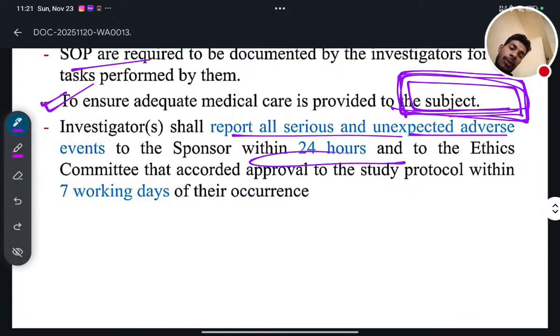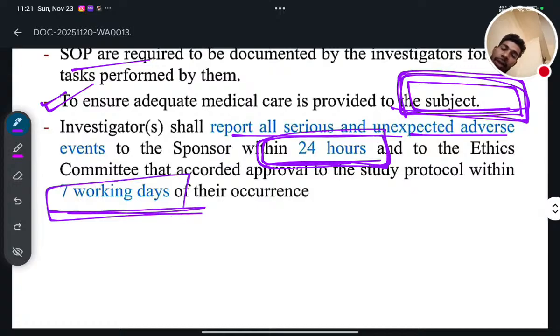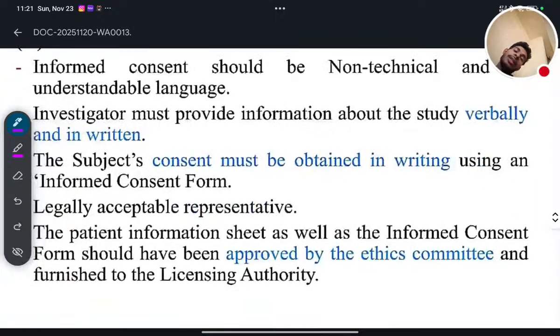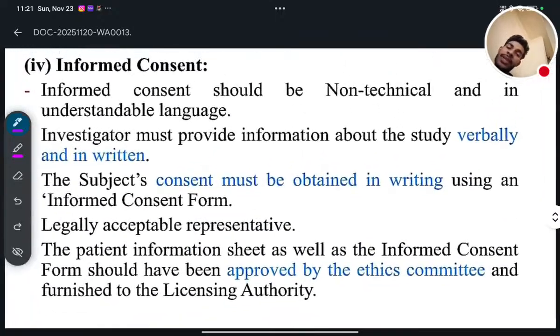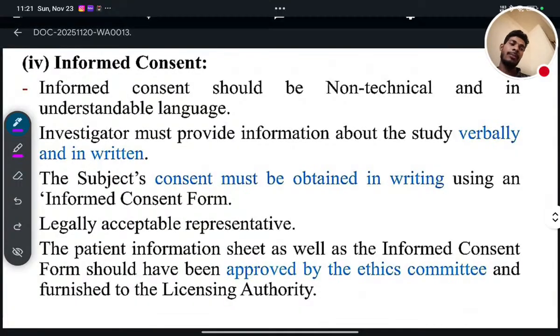So within 24 hours the investigator should inform the sponsor, and within 7 working days he should inform the ethics committee. Okay, so 7 days, 24 hours, 15 days, 10 days, all these things you have to remember, very important.